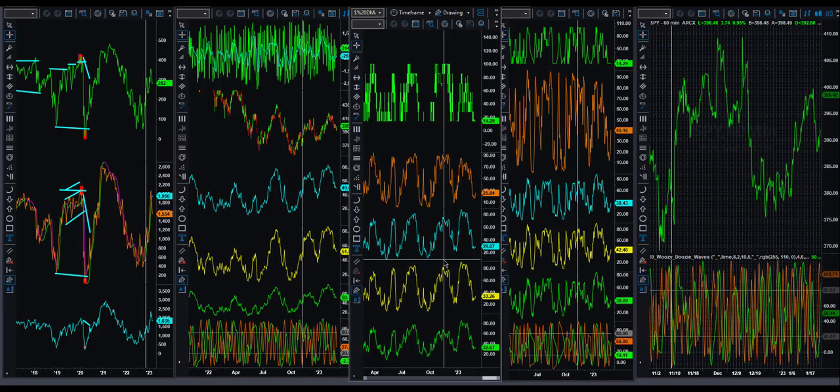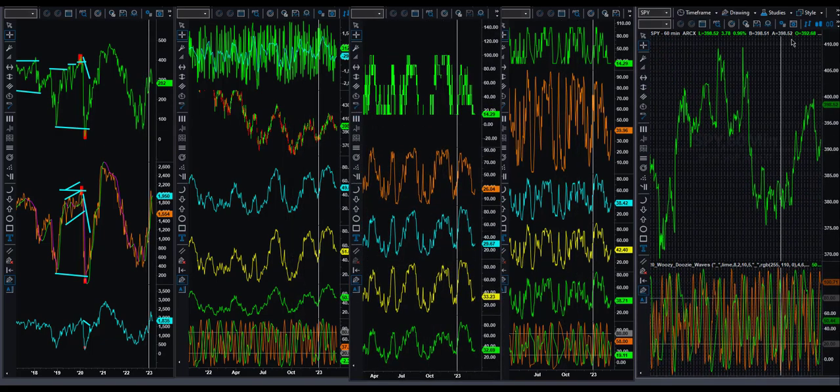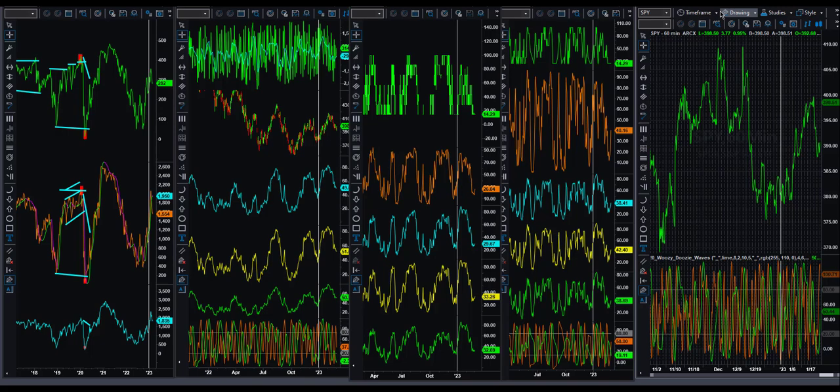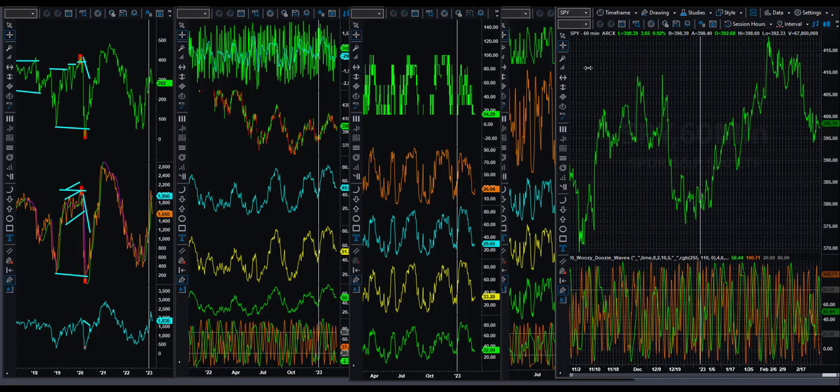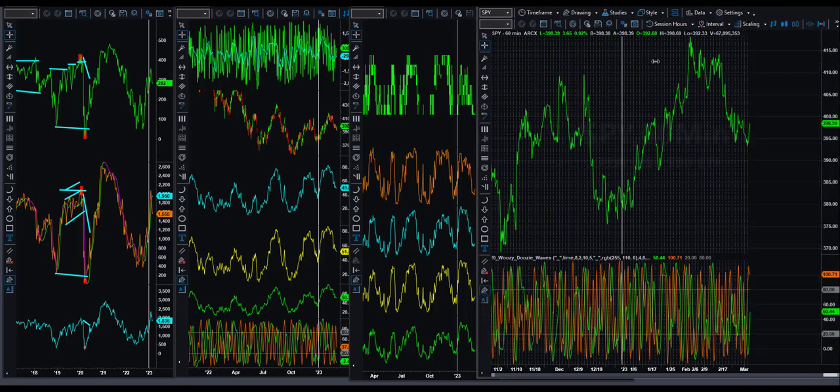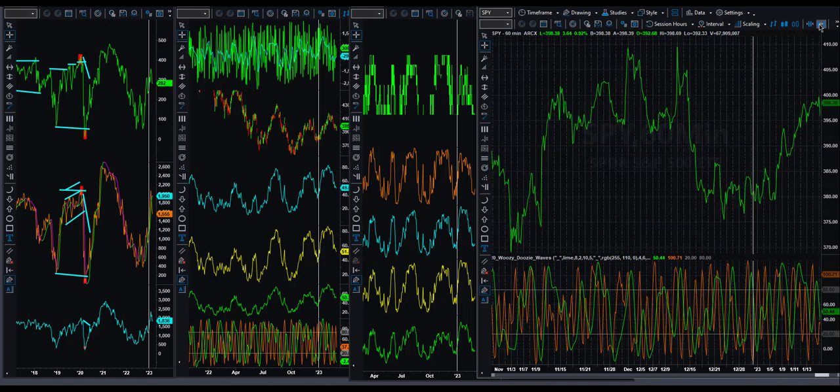Now let's see what happened in S&P. Let me squeeze this so we can see a little more data. So that's, I think, market generated.